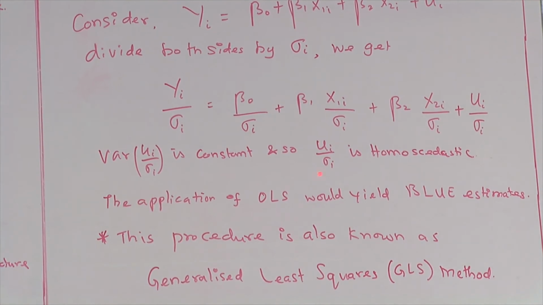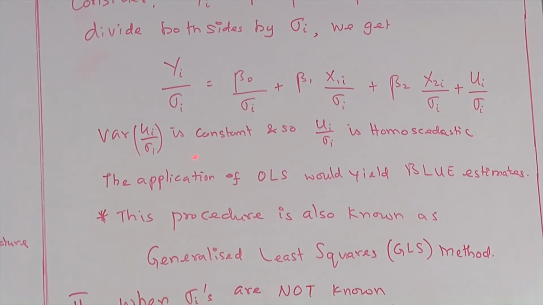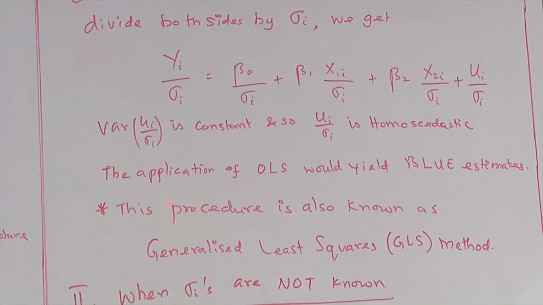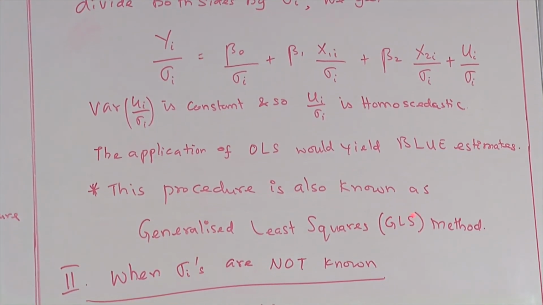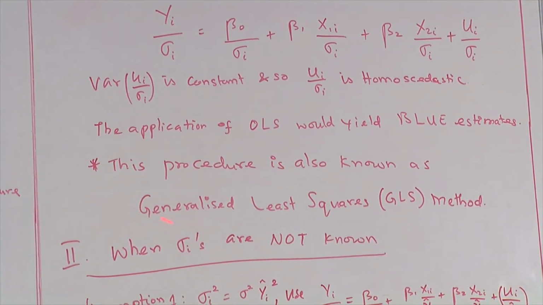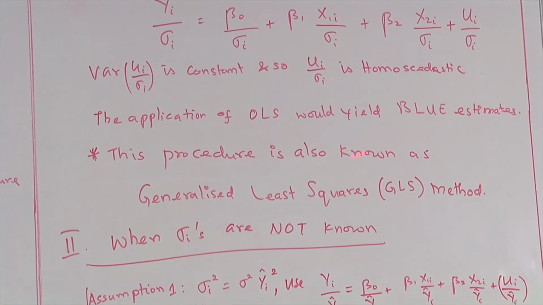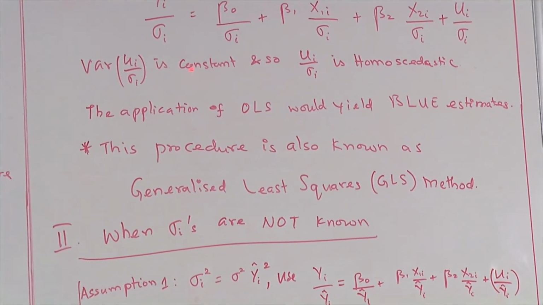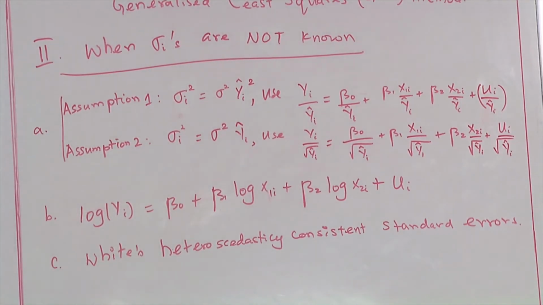The application of OLS would yield BLUE estimates for this regression. So, this procedure is also known as the generalized least squares method. So, this method will get you the correct estimate, and that model can be interpreted as the regular model.